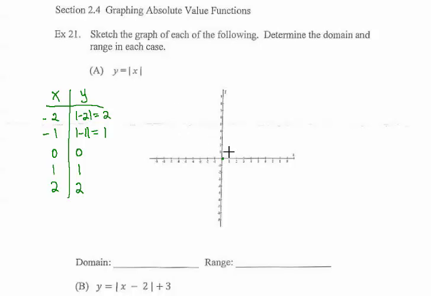If you plot those points, you end up with something that looks like this. Okay. There is no curve to an absolute value equation. When you plot it, just the basic case, y equals absolute value of x only, there's no numbers mixed in, you end up with something that starts at the origin and basically looks like a V. Now, both of these sides are supposed to be straight.